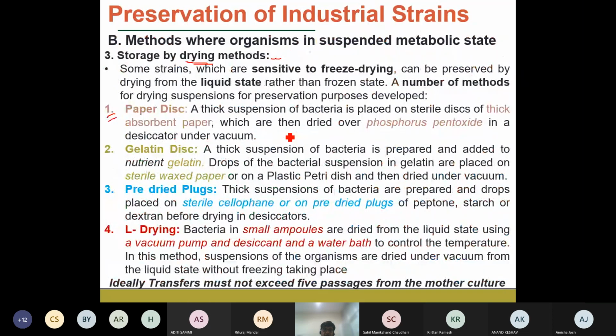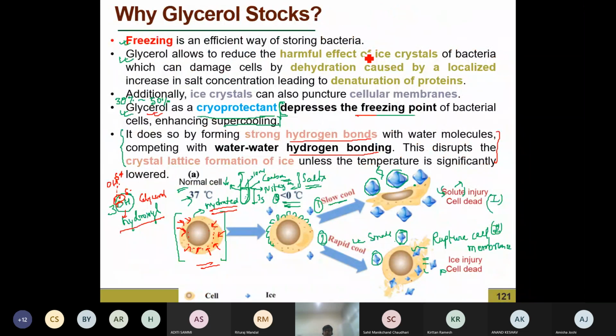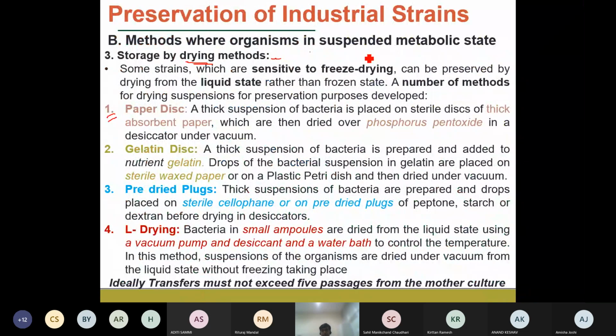Now coming to the other methods. When you are doing lyophilization, we have seen we are going to minus 30 and minus 196. Whatever metabolic activity is there is completely suspended under these conditions. So this comes under the category of the suspended metabolic state of the microorganism.